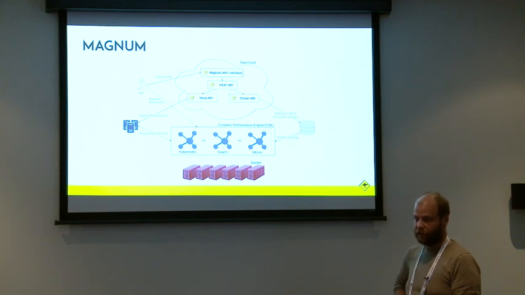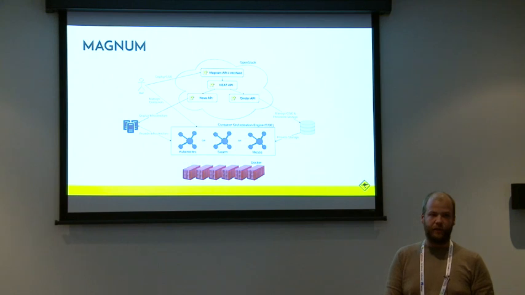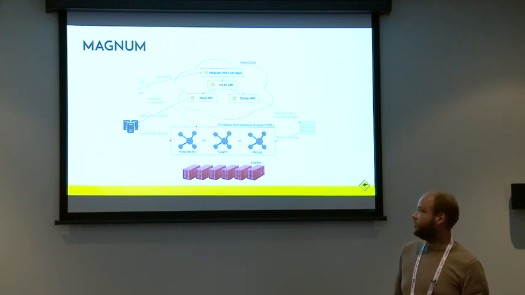Magnum talks to Heat. Heat is the component in OpenStack that allows you to describe stacks of virtual machines. So you can deploy many machines through one single API call. Magnum builds Heat templates for you to define these container orchestration engines.